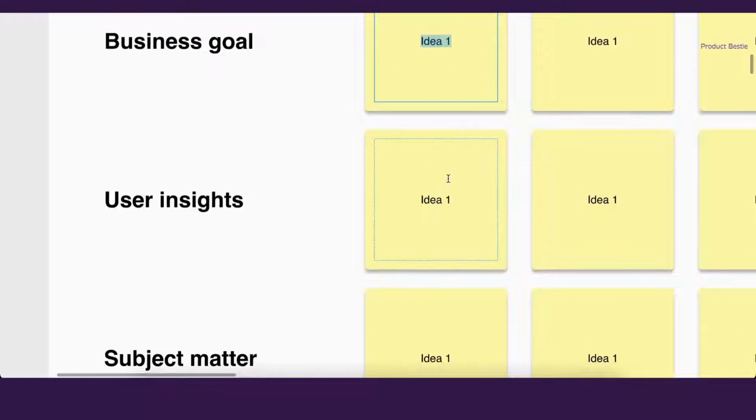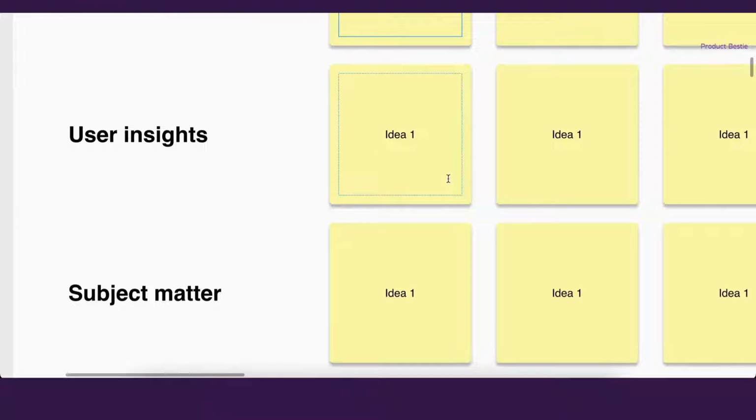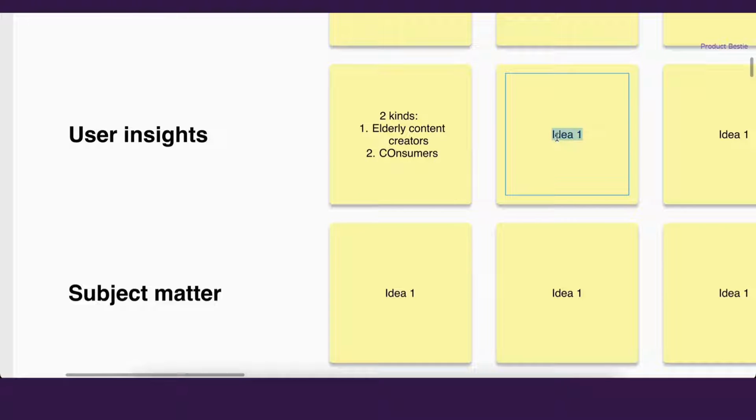Next up, you might want to discuss more about who we are building for. For example, if this is the content app, we might think about, there's two kinds of users. Maybe there is elderly content creators, and there are consumers of all age ranges. Next up, we might want to talk about, there could be other user types too.